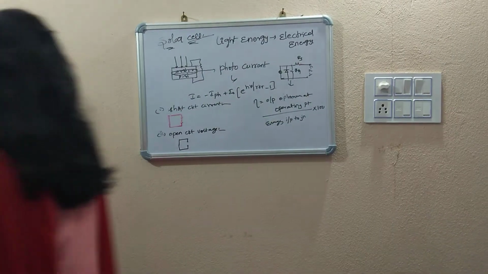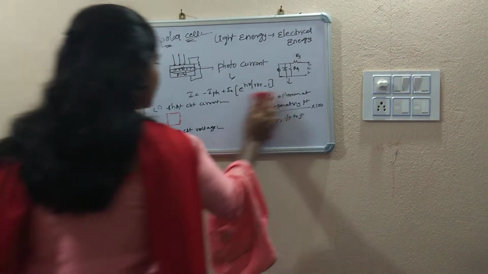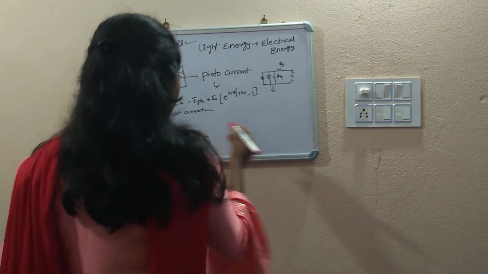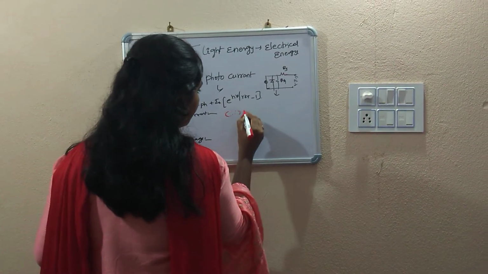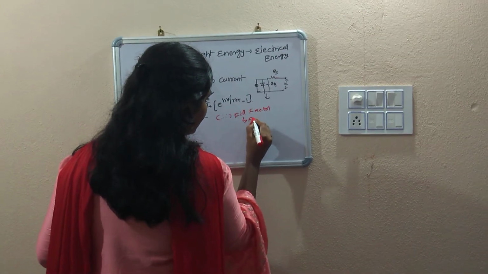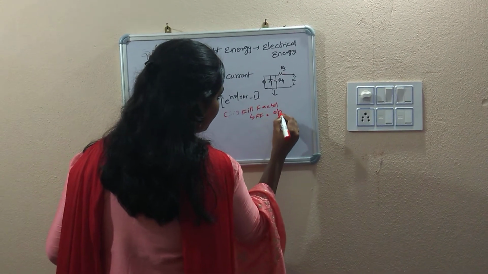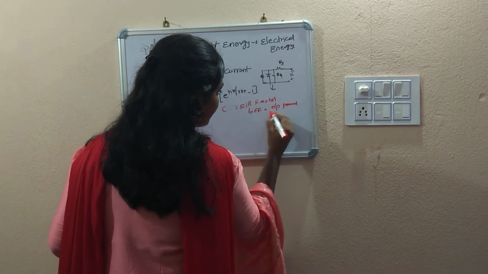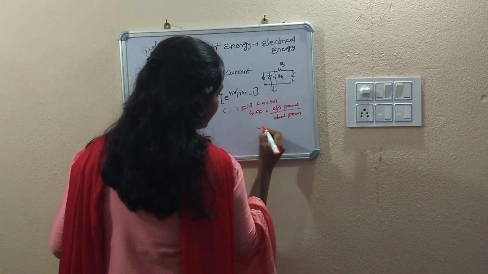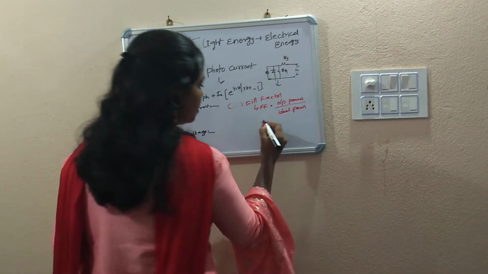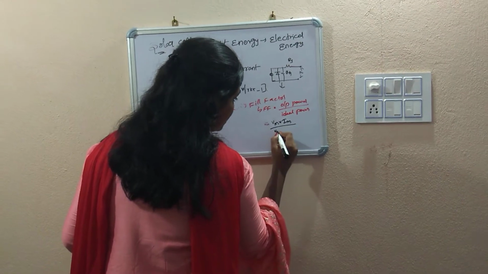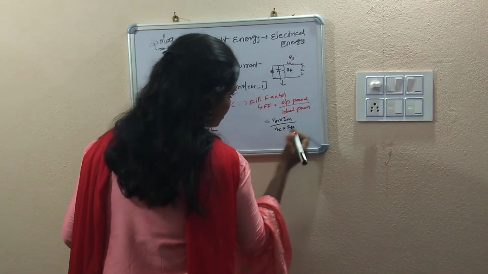Next, third one, fill factor. The fill factor is the ratio of output power to the ideal power. Fill factor equals Vm times Im divided by open circuit voltage times short circuit current.